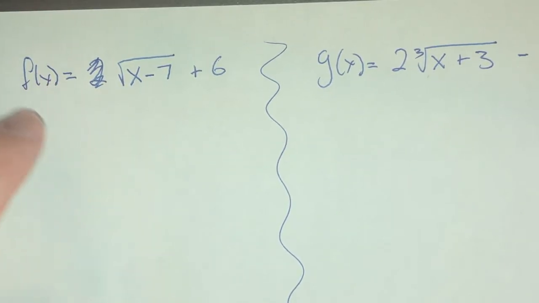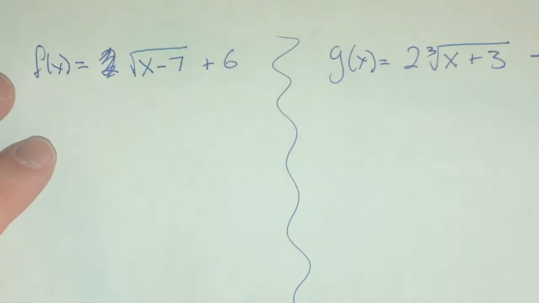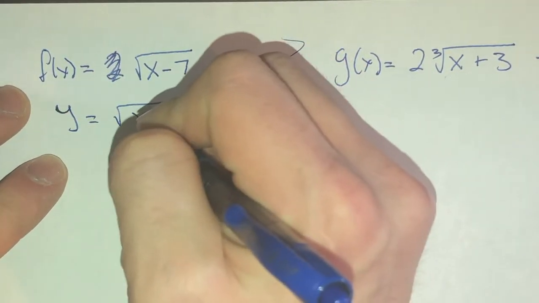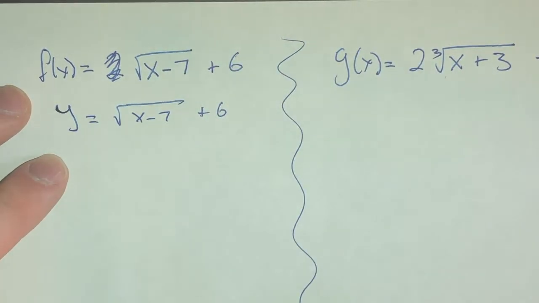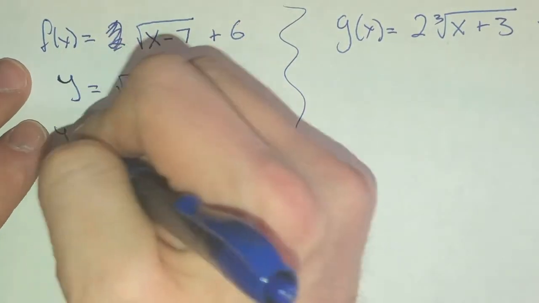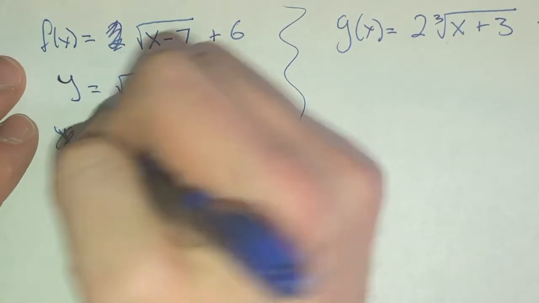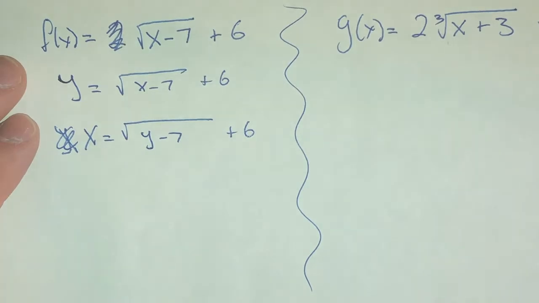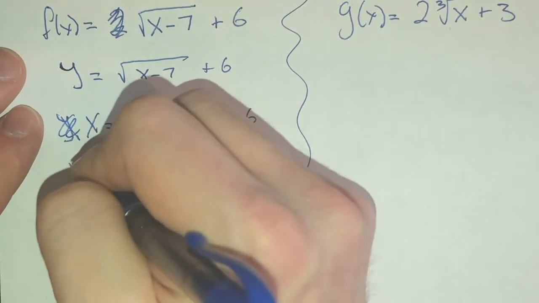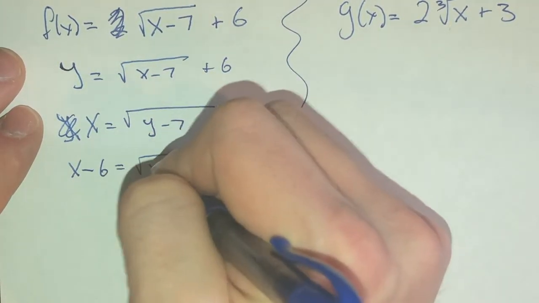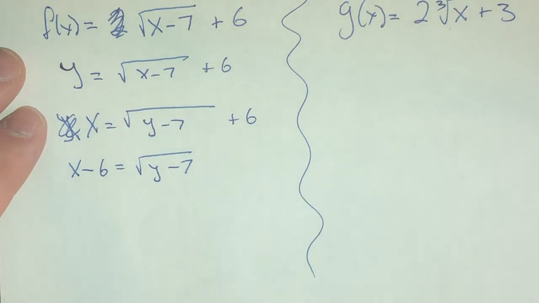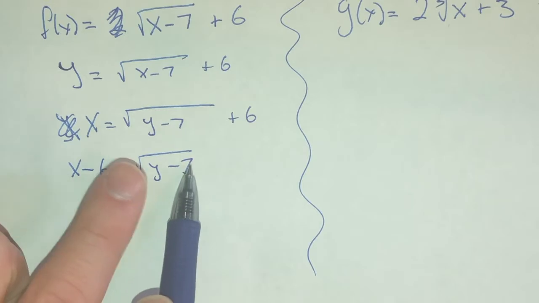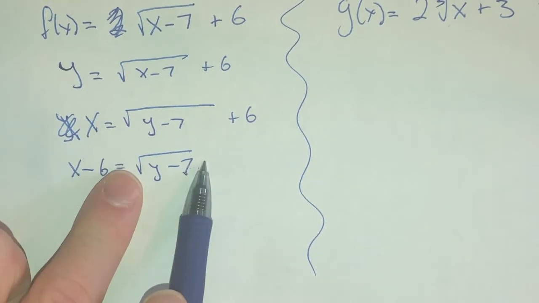So remember, this is f of x equals square root of x minus 7 plus 6. The first step is replace f of x with y. Second step, switch the variables. And now let's isolate y. So I'm going to subtract 6 on both sides. Now, I need to eliminate this. So the idea is get the root on one side, all by itself.